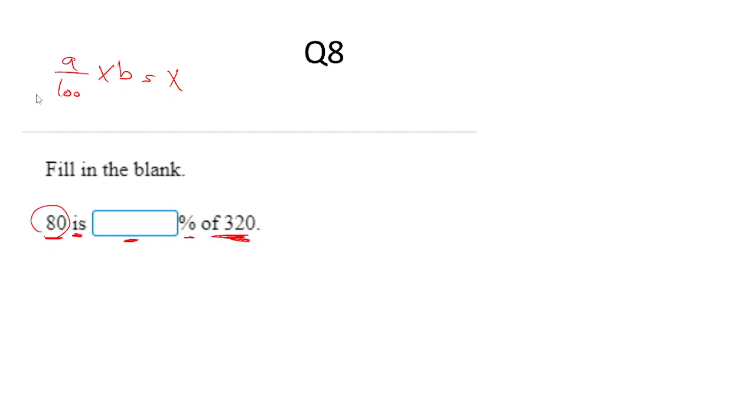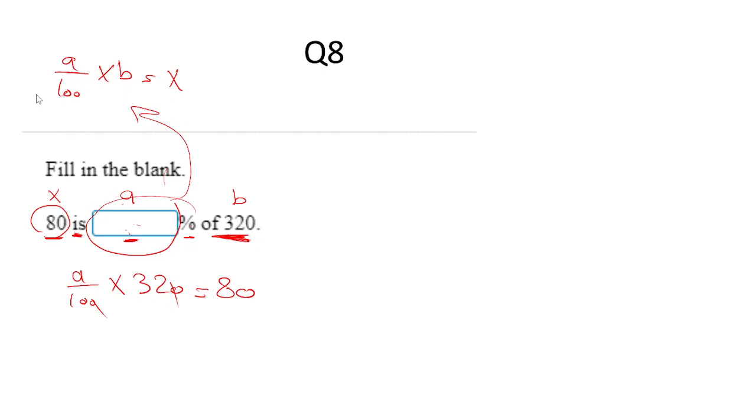So 80 is the value X, 320 is B, and I want the percent, which is A. Let's apply: A over 100 multiplied by 320 equals 80. Simplify.